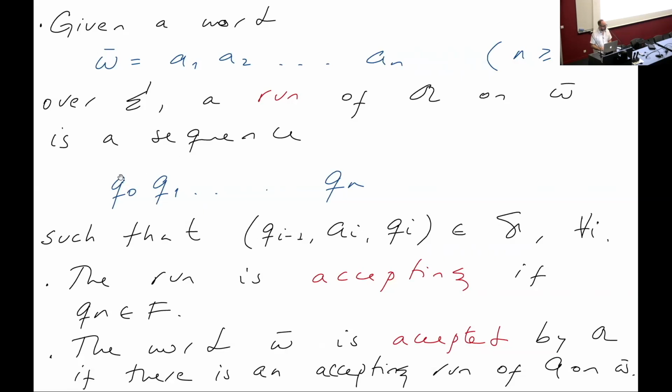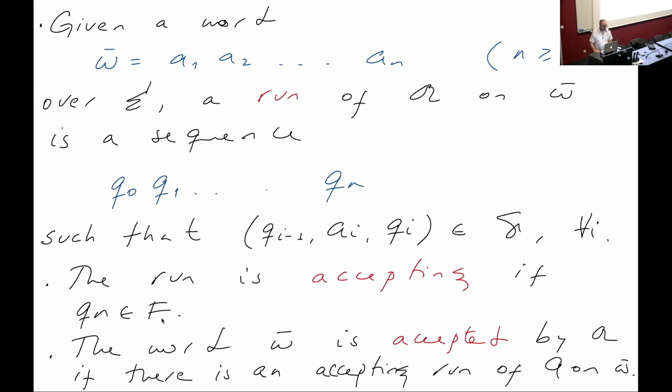So we start in q0, we read a1, and we look at our transition relation delta, and we check for which states q1 this transition is possible. And then we move to q1. Then from q1, we read a2, and we move to a q2 that is allowed. And this run is accepting if the final state, after reading the whole word, belongs to the set of final states.